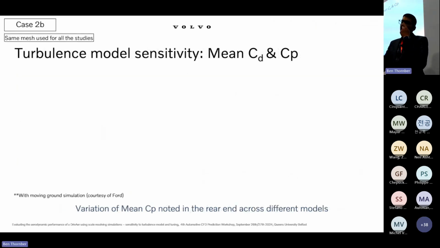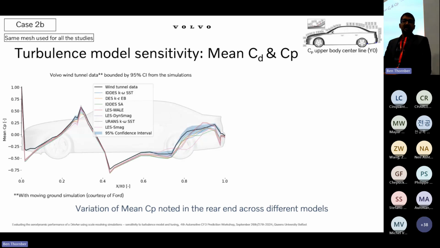Then we also did some very quick scanning of the different turbulence models available in the solver of choice. We looked at IDDES k-omega SST, DES k-epsilon, IDDES, LES WALE, dynamic Smagorinsky, URANS, and so on and so forth.